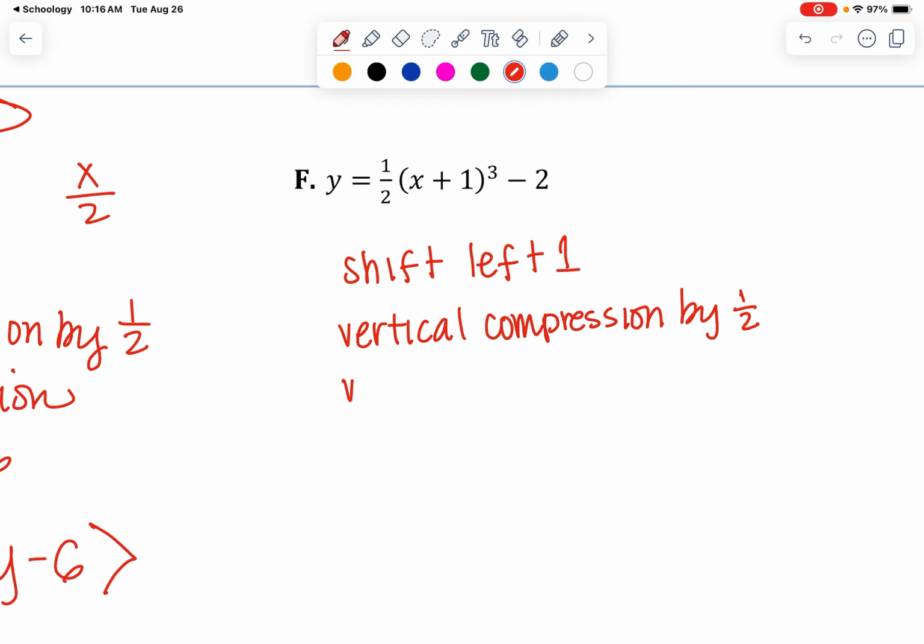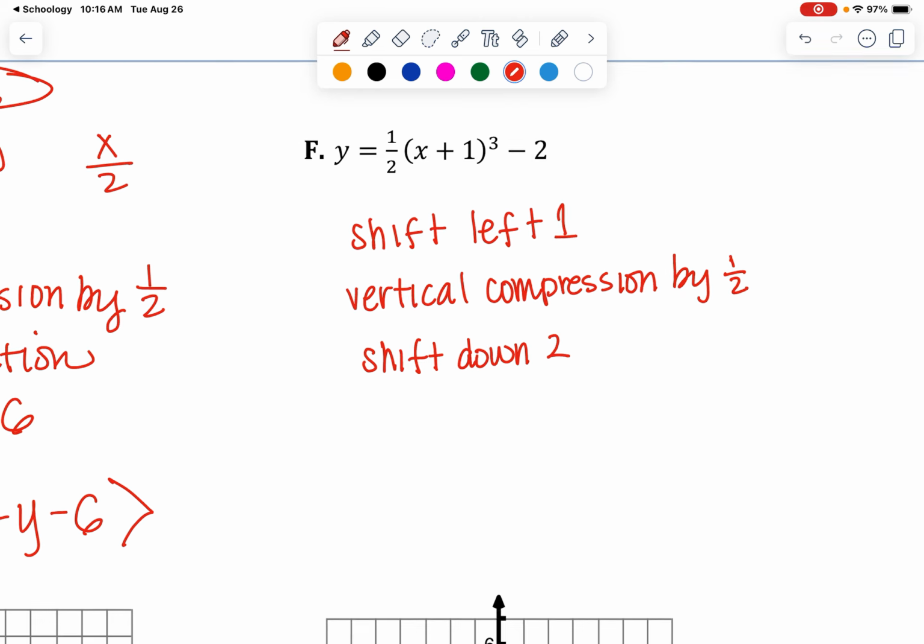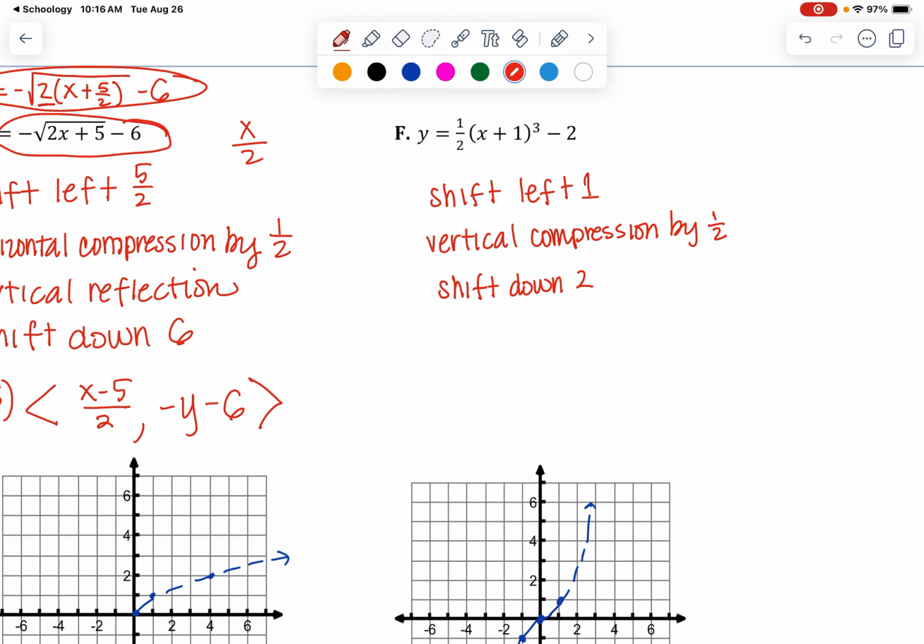And then a shift down 2, a vertical shift down 2. All right, our rule. For x, we're shifting left 1, so that's x minus 1. And then for our y value, we are compressing by 1/2 and then shifting down 2.